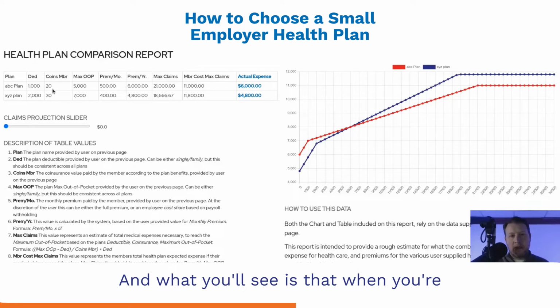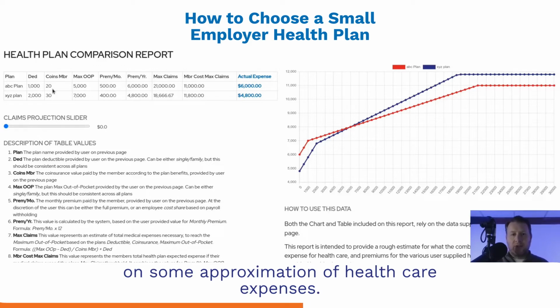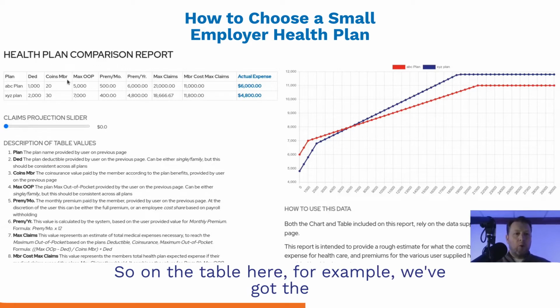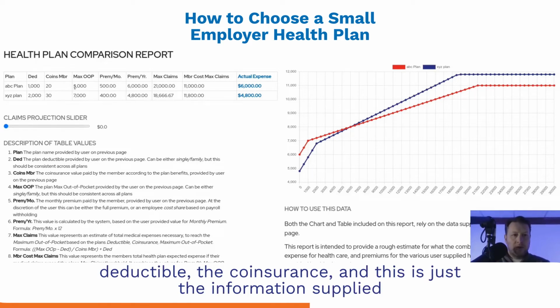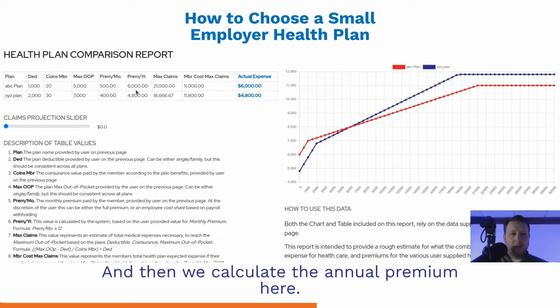And what you'll see is that when you're comparing plans, oftentimes the optimal plan will depend on some approximation of healthcare expenses. So on the table here, for example, we've got the deductible, the co-insurance, and this is just the information supplied by the user, up to the premium per month, and then we calculate the annual premium here.